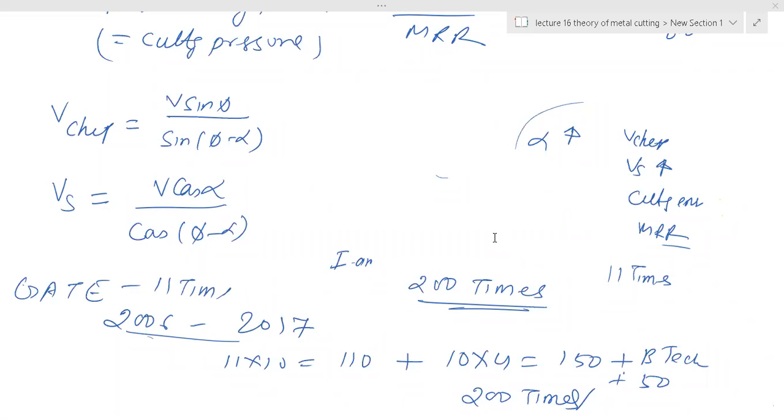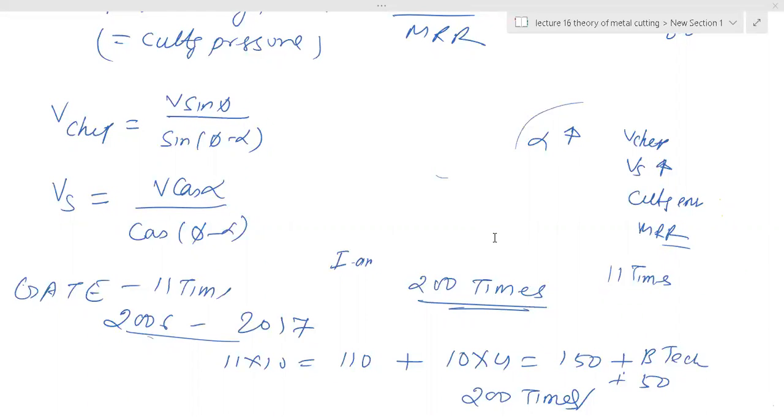What you have to do is write down all these formulas on a page and stick it in your room somewhere.